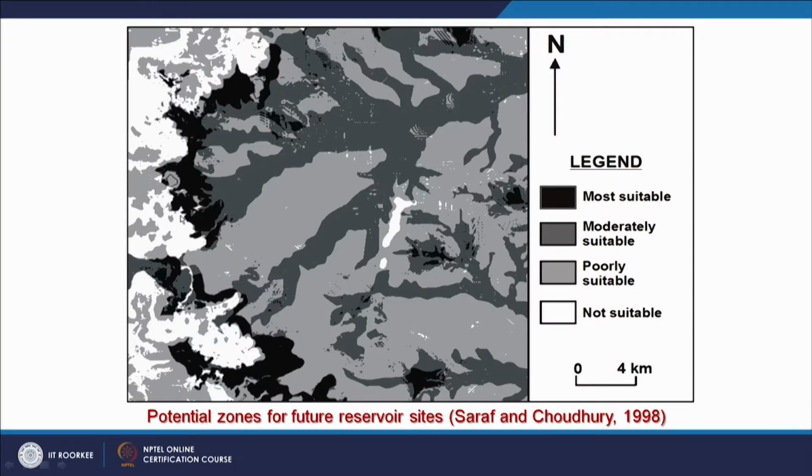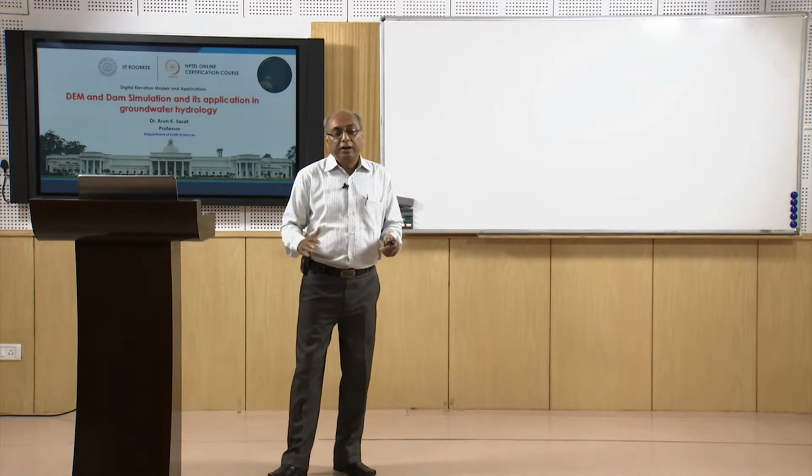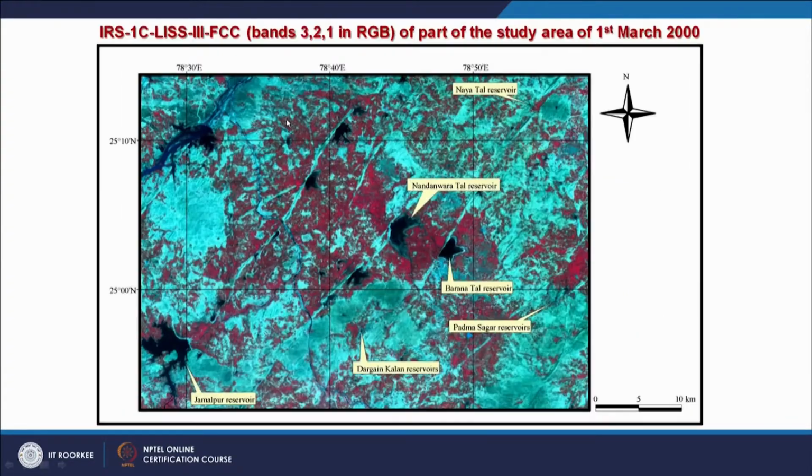These are at the higher grounds, learning from Sironj Reservoir because of the better hydraulic gradient, so they should not be located at almost the same level. If we can provide a sufficient hydraulic gradient and at the same time sufficient upstream catchment, and these two things are satisfied, then these areas become most suitable for groundwater recharge.